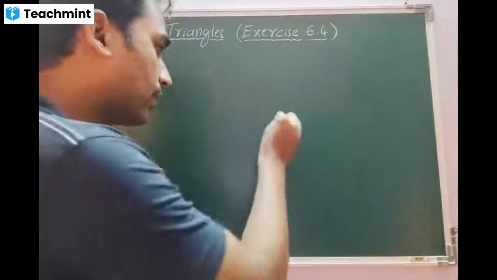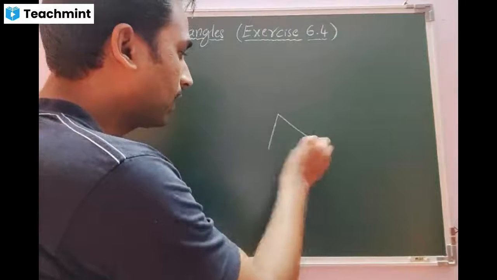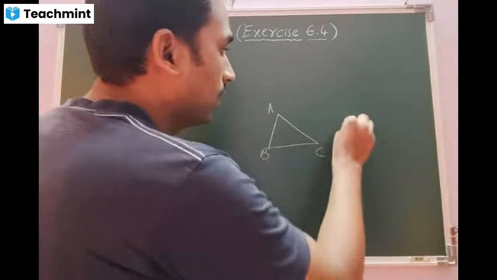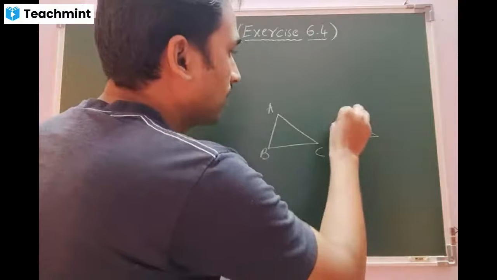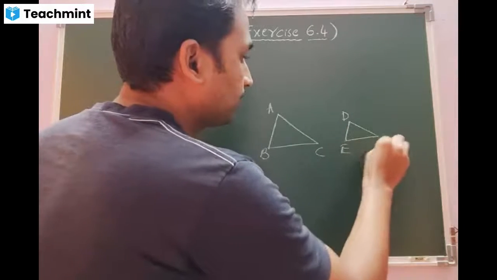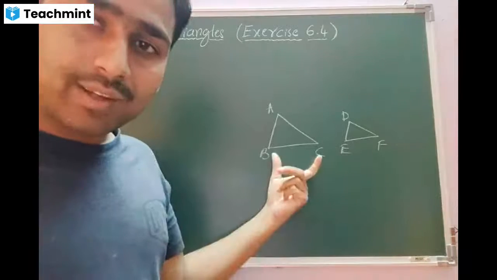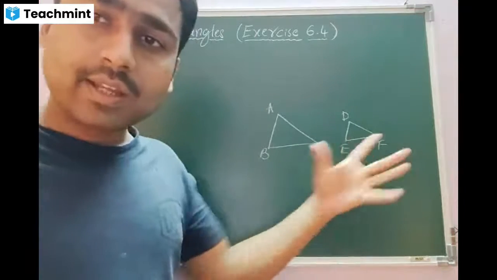In simple terms, if I take a triangle ABC which is similar to triangle DEF, I repeat, I have taken two triangles, one is ABC and the other one is DEF.